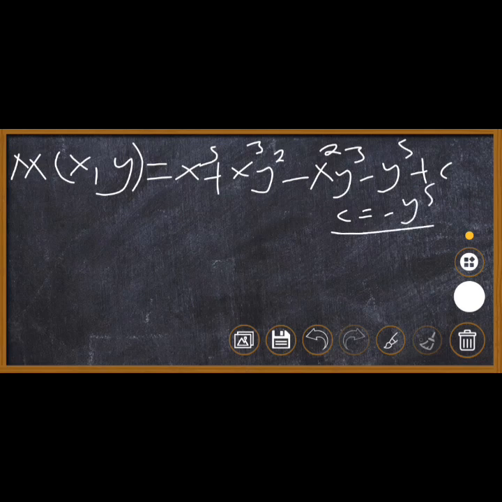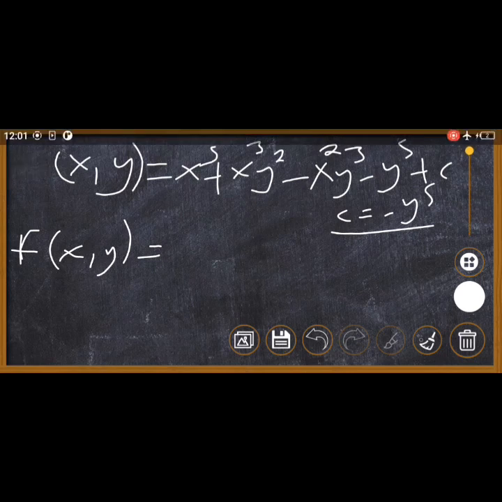So let's replace that. Instead of writing m, let's write f of x comma y, since we are finding the general equation.